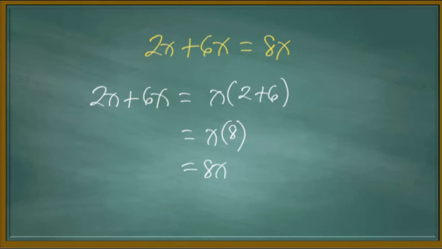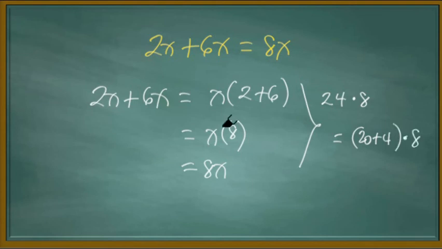And we can do this illustration right here, just like how we did multiplication several lessons back. Recall how something like 24 times 8 can be seen as 20 plus 4 times 8, where we multiply both 20 and 4 by 8. We had 20 times 8 plus 4 times 8. That is exactly the same principle.